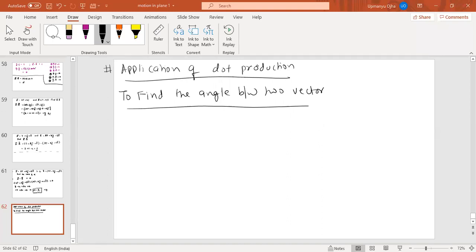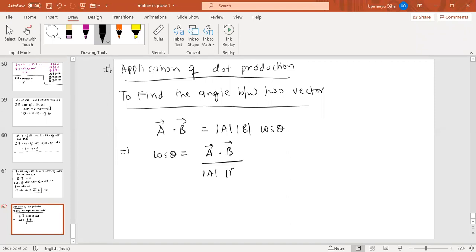If I say A vector dot B vector, what is the value of A dot B? That is mod of A, mod of B, cos theta. Is this correct or not? So can I write cos theta equal to A vector dot B vector by mod of A mod of B?